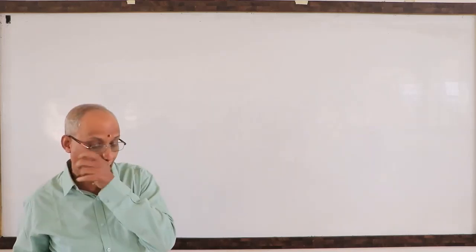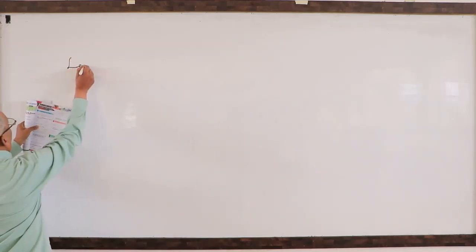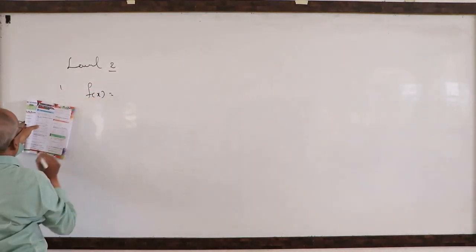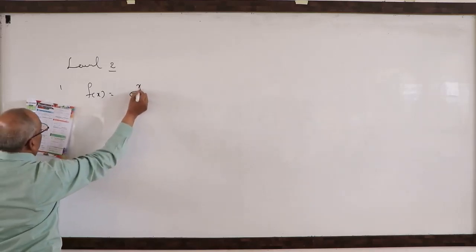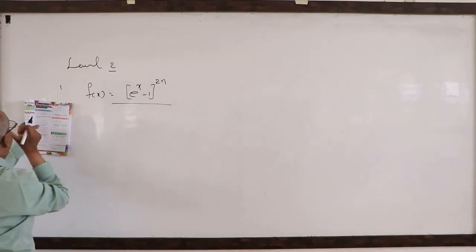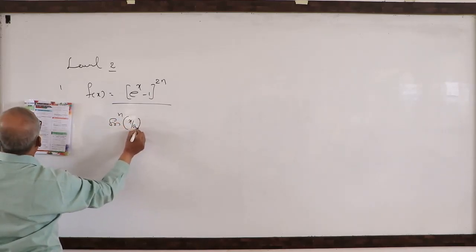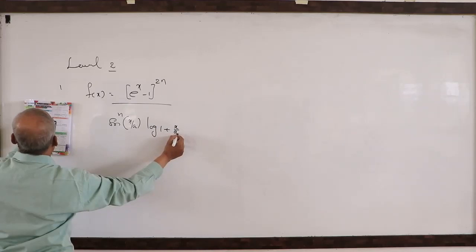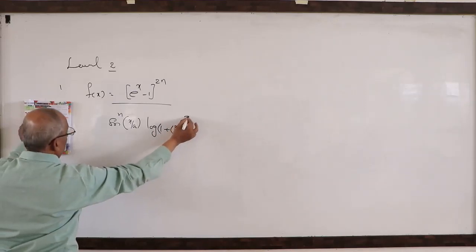subject oriented problems here. So f of x is equal to a very big function: (e power x minus 1) whole power 2n by sin power n of x by a, log of 1 plus x by a, whole power n.